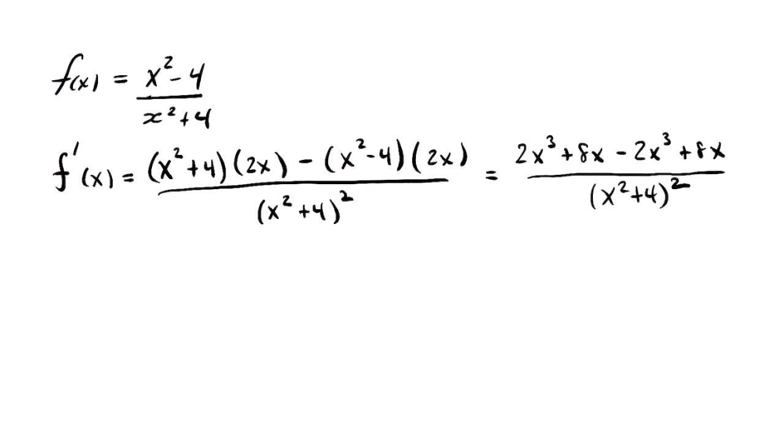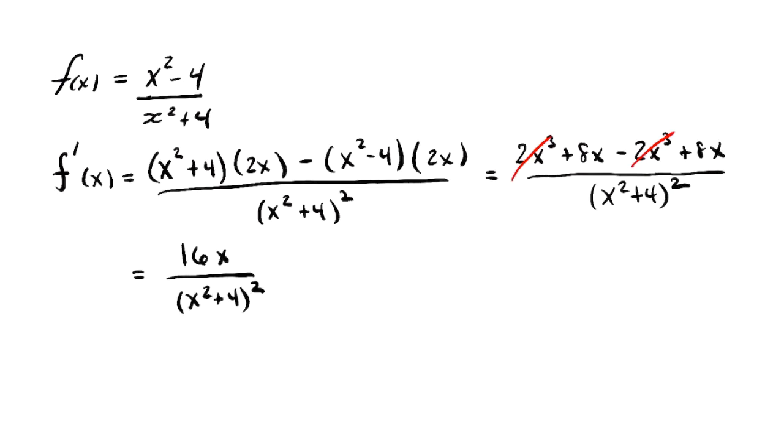Can't leave it behind, but I'm not really doing anything with it. And then I can kind of see in the numerator some nice stuff happens. 2x cubed showed up with the opposite signs, so it cancels. And 8x plus 8x gives 16x. So this is the form of the first derivative that I'm happy with: 16x over x squared plus 4.